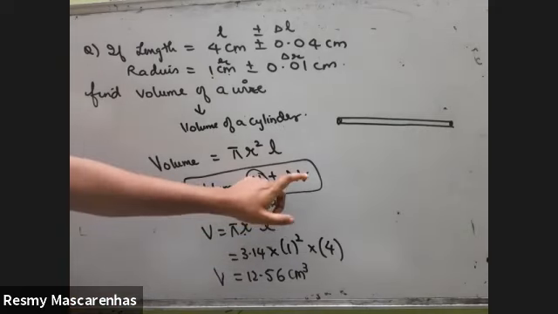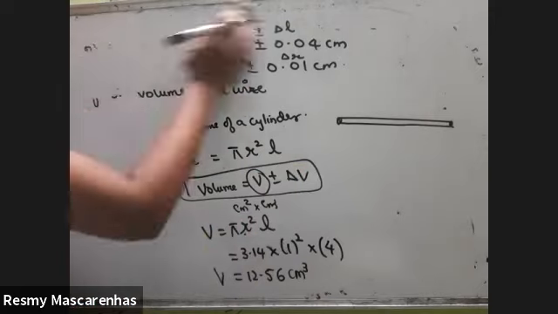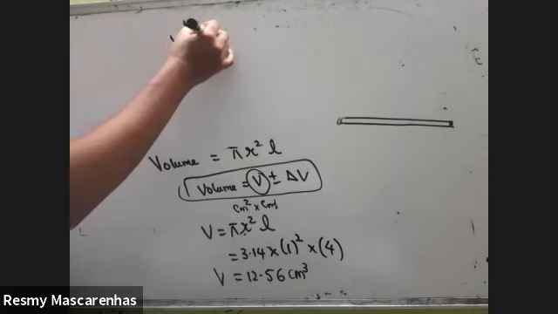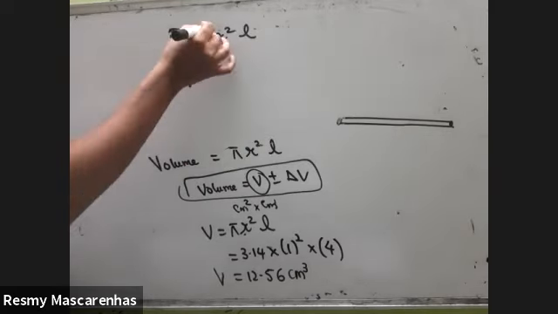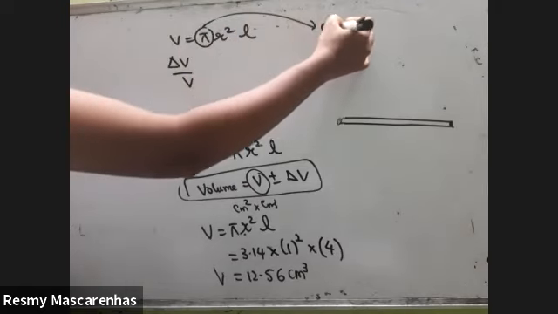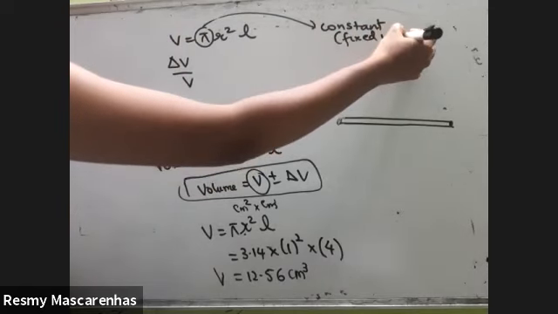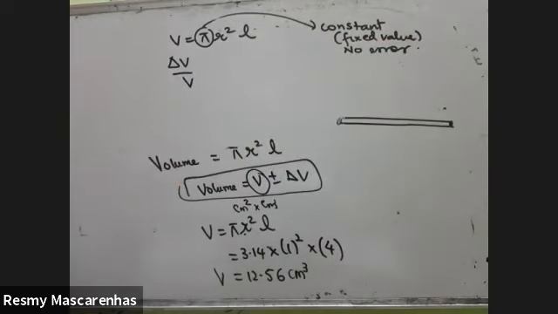Now we have to calculate your delta V. For delta V, we have to use the next formula by splitting this up. Now over here, while splitting, this is a constant or a fixed value. 3.14 is a fixed value and it will not have any error.